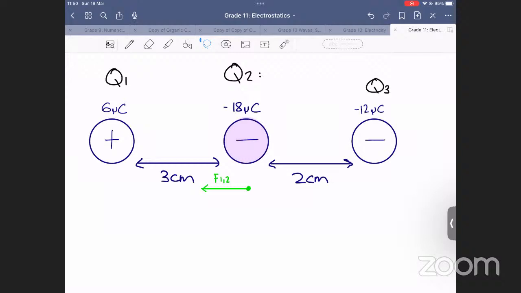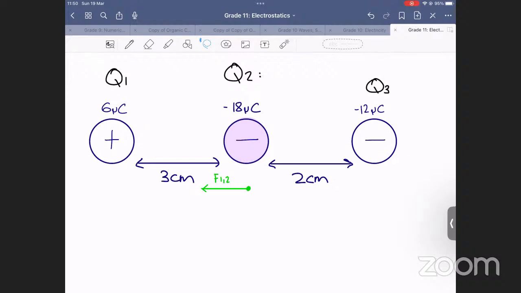Okay, repulsive. Very good. The force between Q2 and Q3 is repulsive because they're like charges, and like charges repel. Always remember, opposites attract, like repel. So if they were a positive and a positive, they would repel as well.